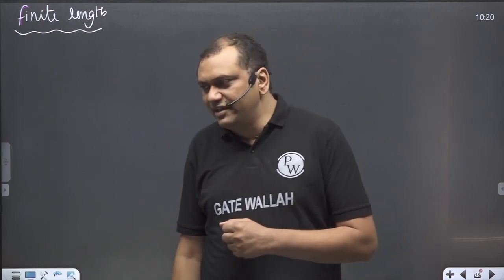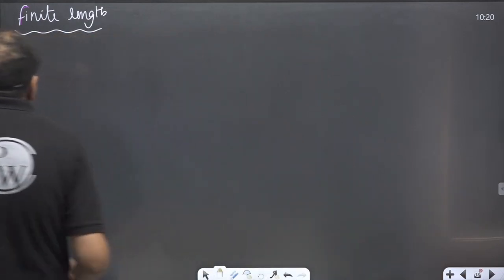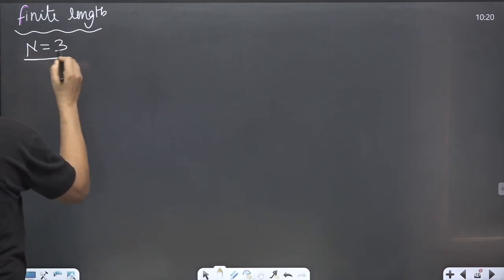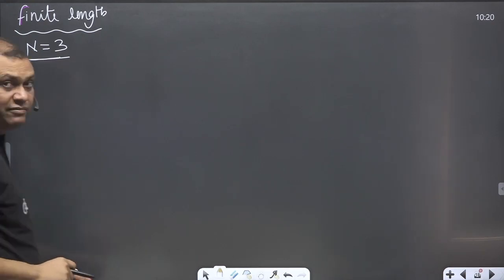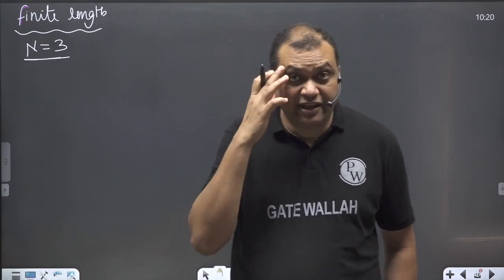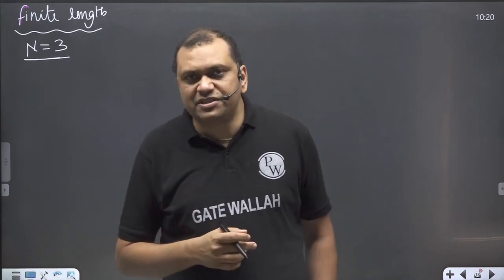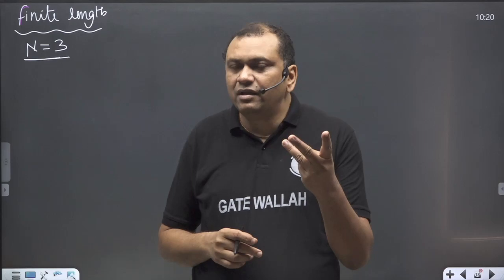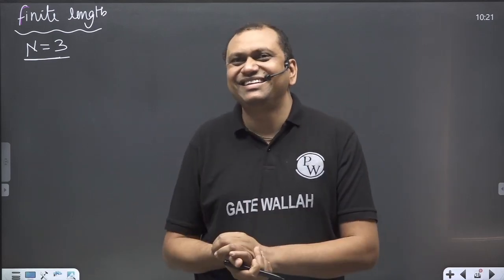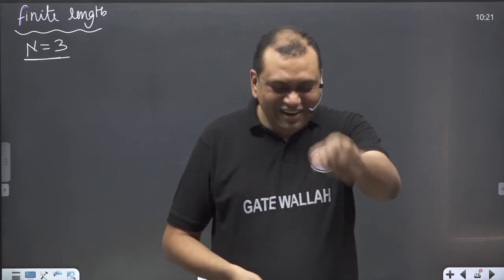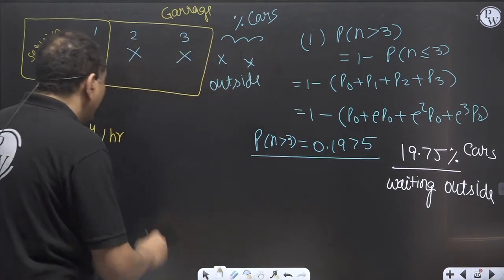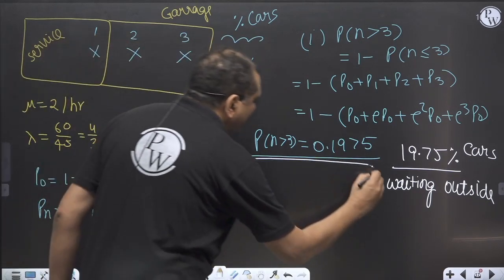Now the maximum capacity of the system is 3. One car is being served, and 2 are waiting inside the garage, inside the gate. So the total capacity of the system is 3. So the system size is 3. You know what idea I'm applying in the second part of the question.